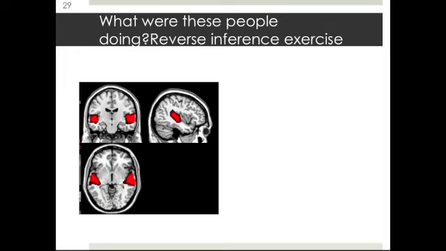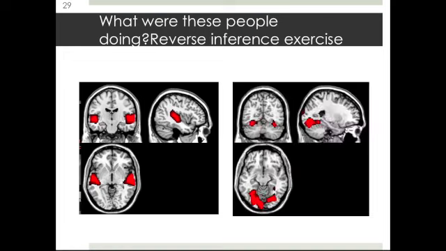So this person was possibly listening to something, right? Now, what about this one? This is a brain with visual activity in the visual areas, so you might expect that the person is seeing something.